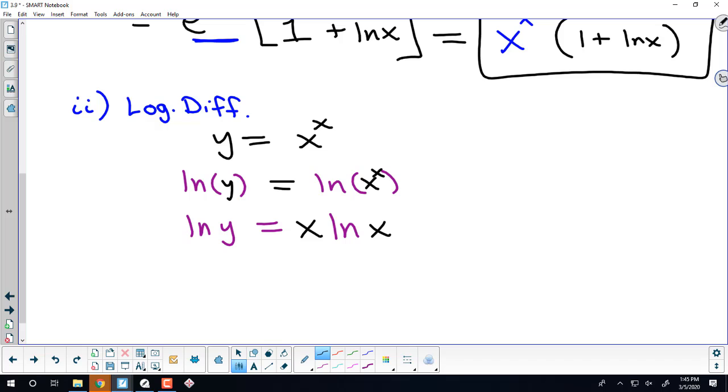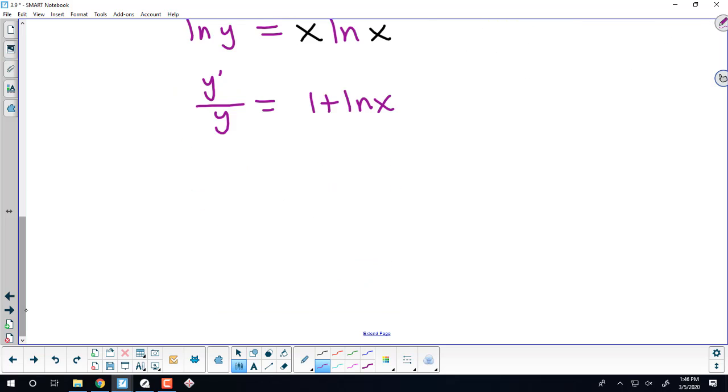Then we take the derivative of both sides. So we've got y prime over y equals the derivative of x ln of x. We already found that. We just used the product rule to find that. We found it to be 1 plus ln of x. And then we multiply through by y to solve for y prime.